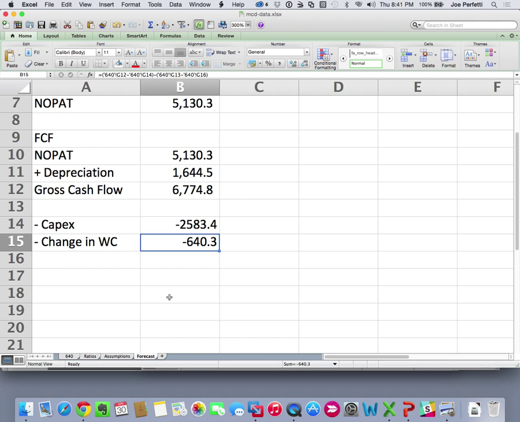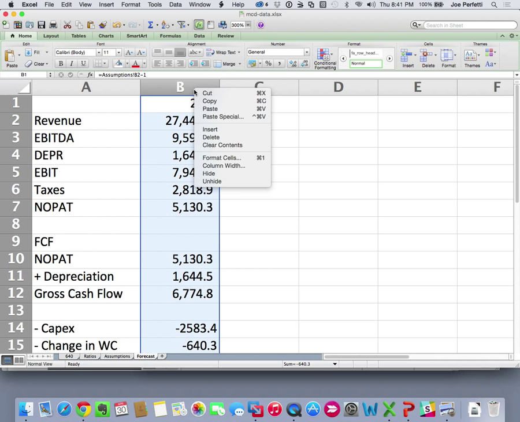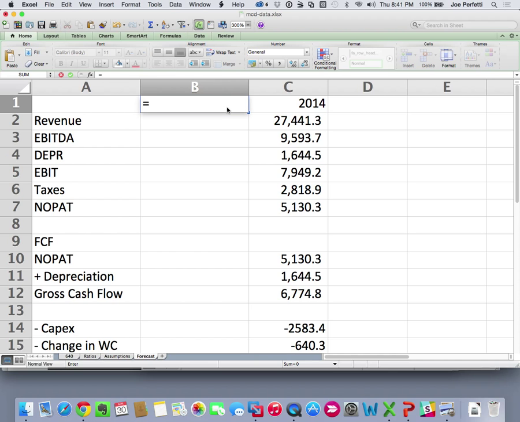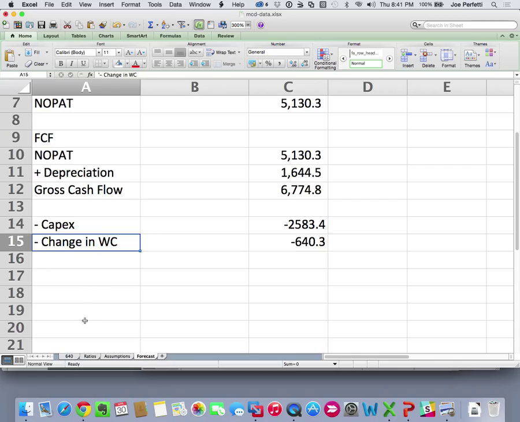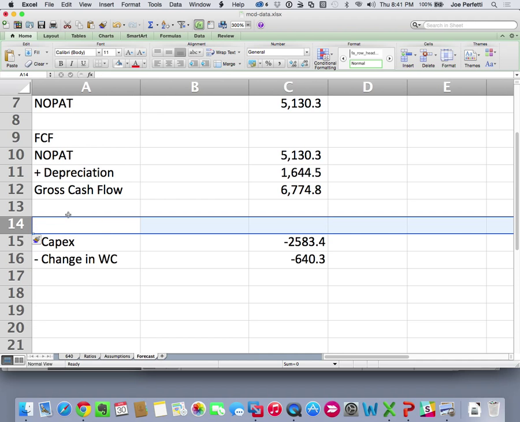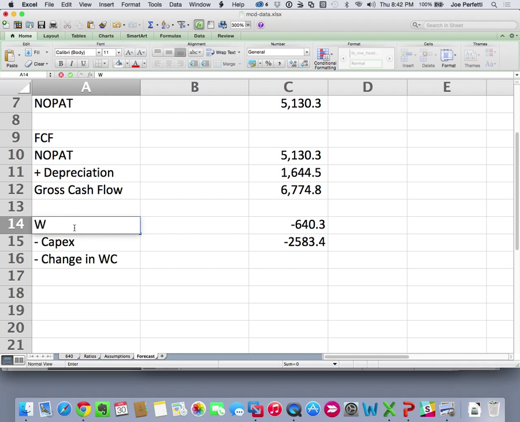Let's make this easier. Let's do it this way. Insert. Equals that minus 1. I'll put 2013 on here. This is the working capital for each year.